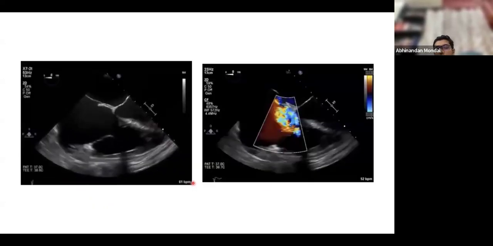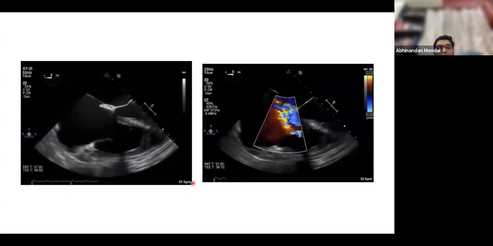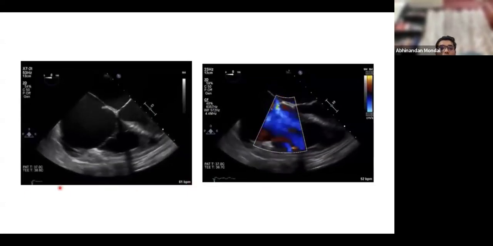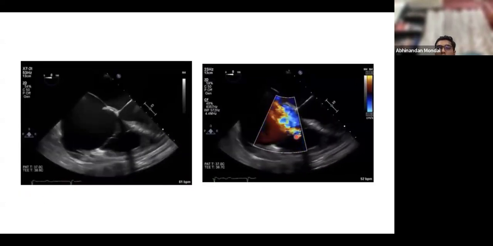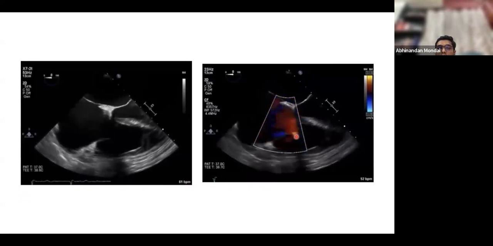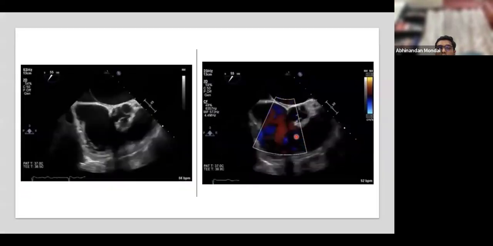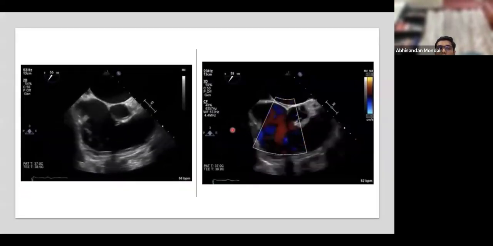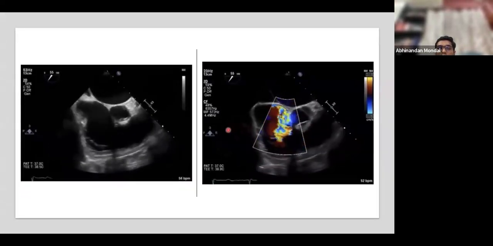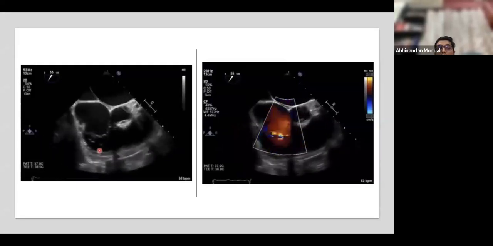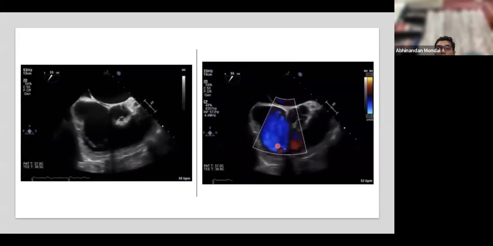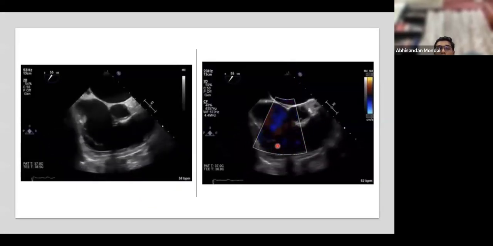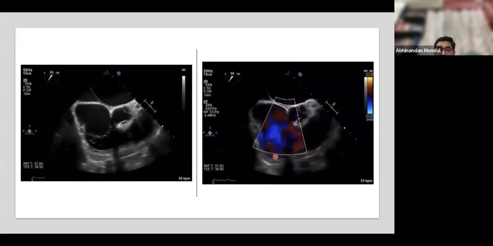So this is an example of your secondary TR. You can see over there that there is a TR jet. This is your midesophageal RV inflow outflow view. You can put Doppler directly over here on the jet direction.